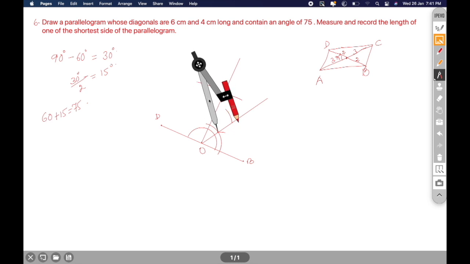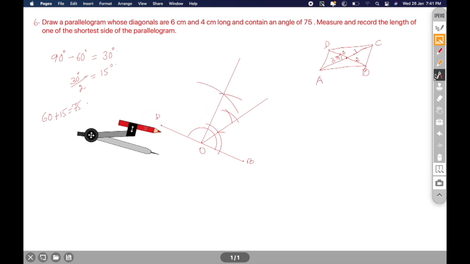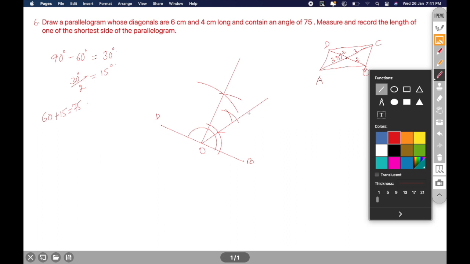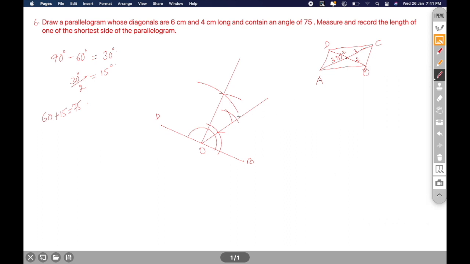With this other point as the center, we will draw the second arc to intersect the previous arc. Now if we join O with this point of intersection of the two arcs and produce, our construction of 15 degree is over. So with this we have constructed 75 degree angle.